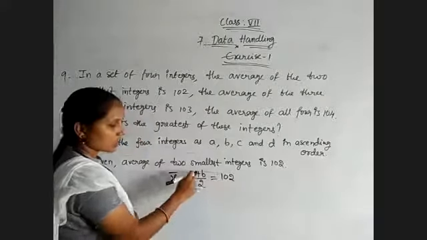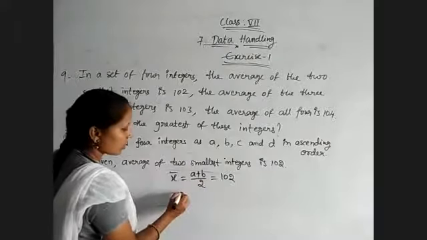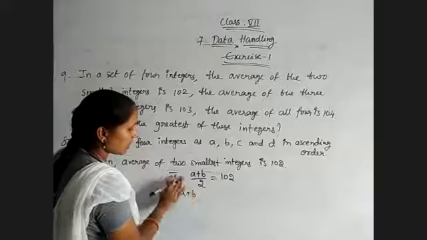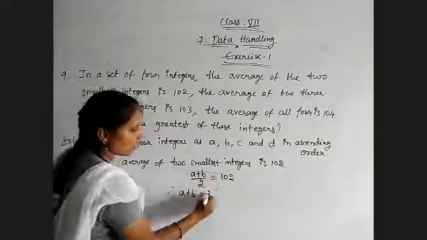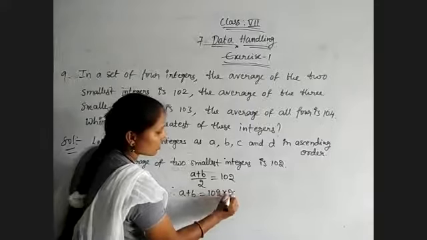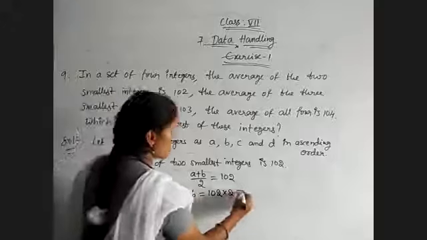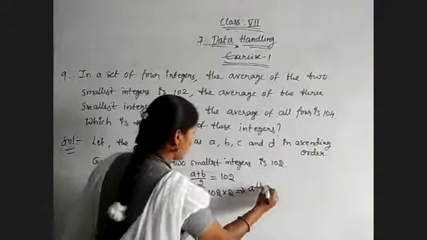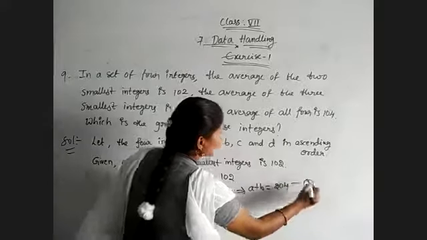So (A plus B) by 2 is equal to 102. From this, A plus B will be equal to 102 into 2. Sum of those two integers is this much, so A plus B is equal to 204. Let it be equation 1.